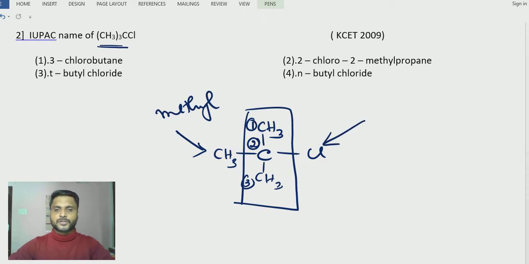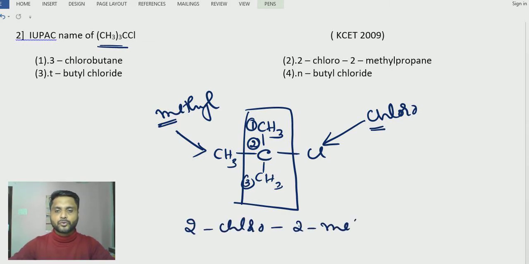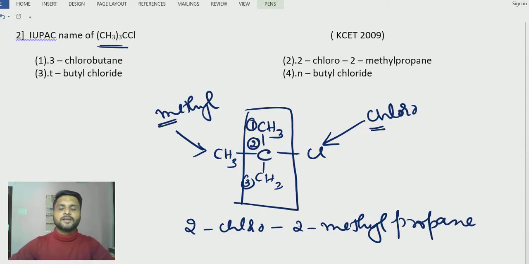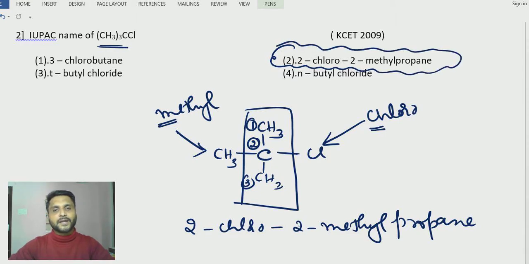This is also a substituent, the chloro substituent on carbon number 2. See the alphabetical order, M and C. Which comes first? C comes first. So it should be called 2-chloro-2-methyl. The longest chain contains 3 carbon atoms with carbon-carbon single bonds, so it is propane. Correct? So what is the answer, student? The answer is option number 2, 2-chloro-2-methylpropane, right?